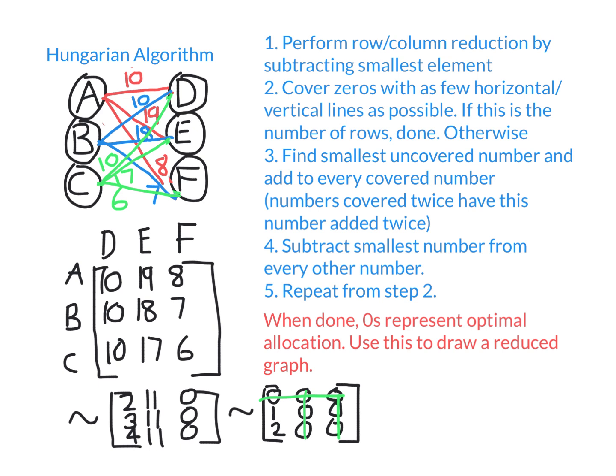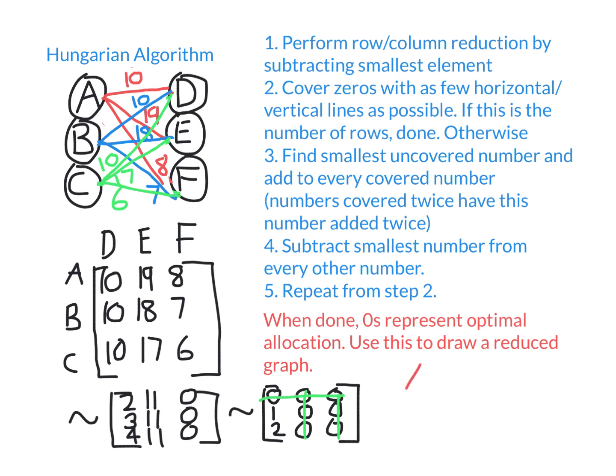So now we're going to draw a reduced bipartite graph. See here in the A row, it says that I can assign A to any of the 3 tasks. But I don't want to assign B or C to the first task, which is D, because I didn't get a 0 in that column.